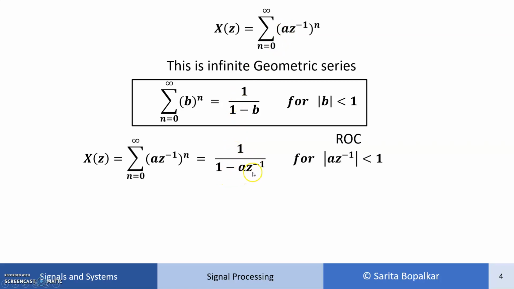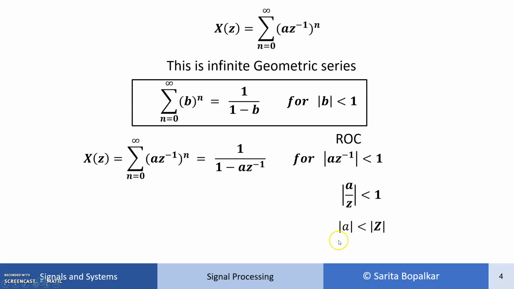Here b is a z raised to minus 1, where b should be less than 1. That means here mod of a z raised to minus 1 is less than 1. The same we can write: a z raised to minus 1 means a upon z. Now if we take this z to this side, it becomes mod a less than mod z.